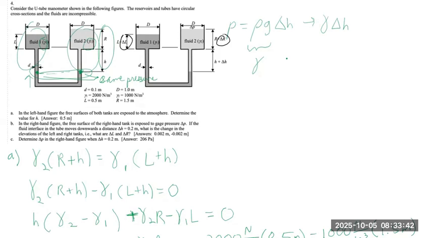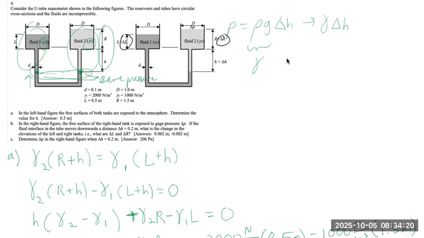The right-hand surface is exposed to gauge pressure delta P, which means that the pressure there will probably be larger, since it doesn't say that the gauge pressure is negative, and it also says that the fluid interface in the tube moves downwards a distance of 0.2 meters. So that is delta H. This means that the gauge pressure is indeed because of a pressure that is higher than the atmospheric pressure.